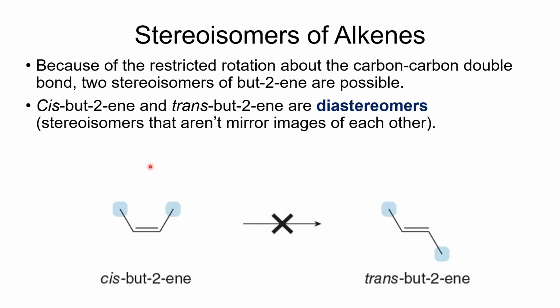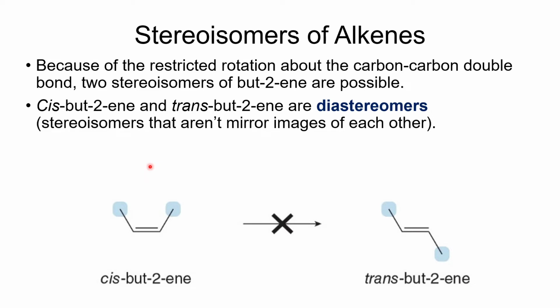All right, so cis-but-2-ene and trans-but-2-ene are stereoisomers, and they are the particular type of stereoisomers that are called diastereomers. Diastereomers are stereoisomers that are not mirror images of each other.